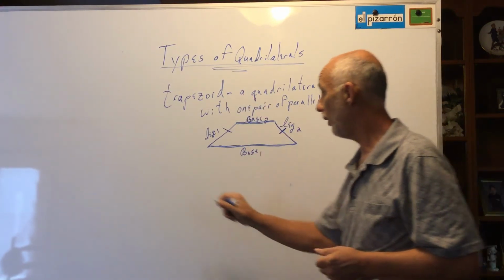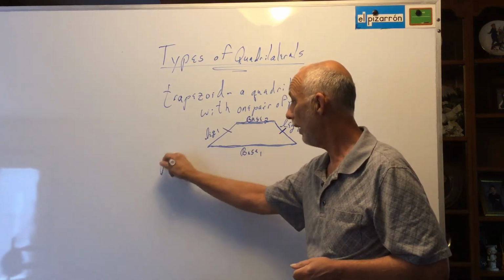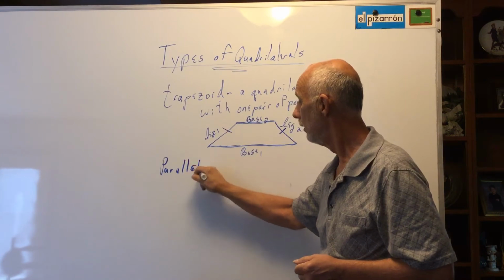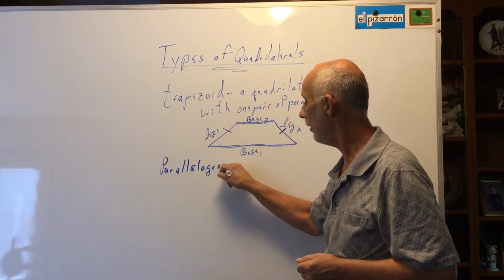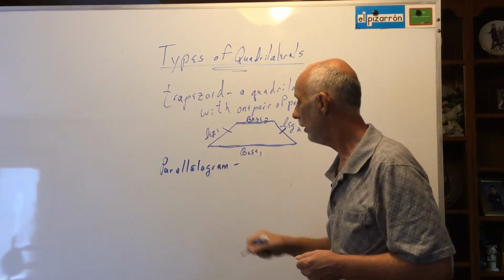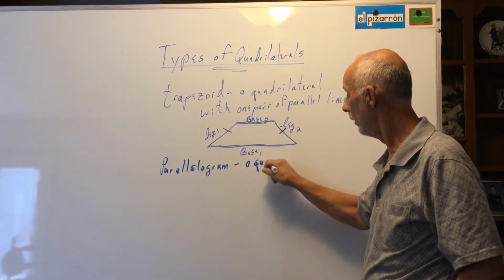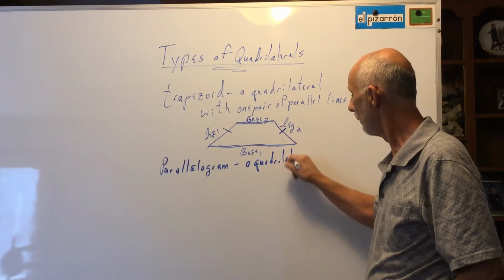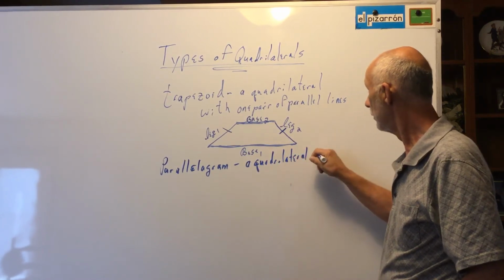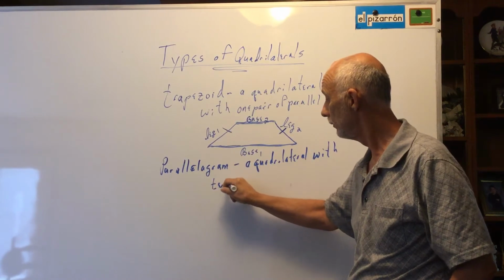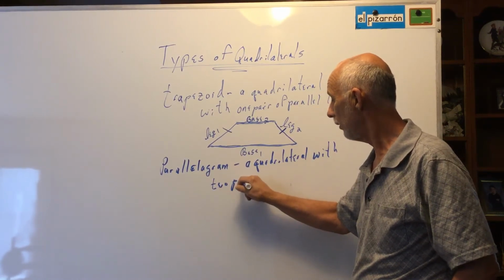The second type of quadrilateral is called a parallelogram. And a parallelogram, okay, is a quadrilateral with two pairs of parallel lines.